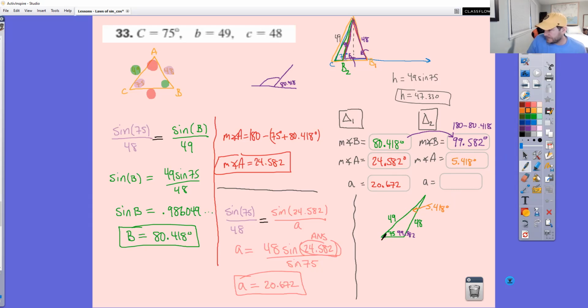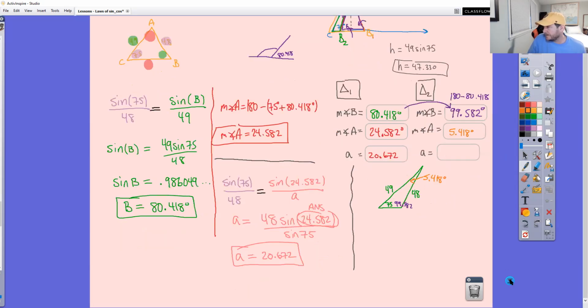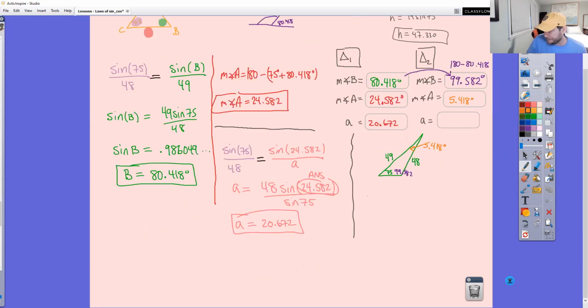So finally, we just have to find this short little side down here. It's opposite from that angle we just found. So it's law of sines again. We'll do the sine of the 5.418 divided by the length of side A, and we'll set that equal to the same ratio that's been doing all the work for us, the 48 and the 75. So cross multiply.